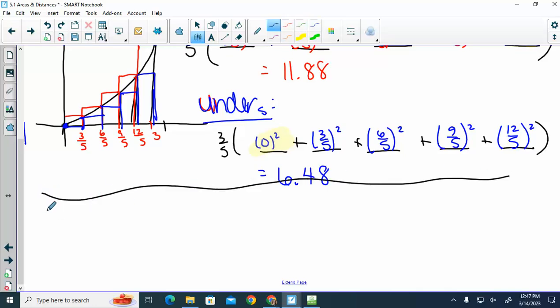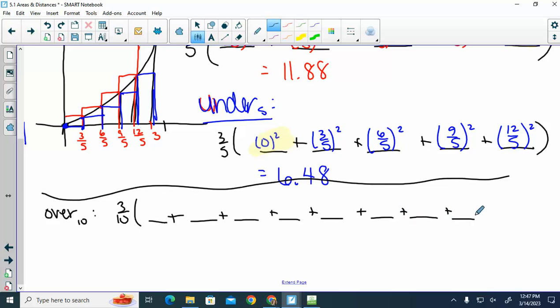So let's talk about the overestimate with 10. What would my width be on this? Okay, and then we're going to be adding 10 things together. All right. So for my overestimate, we would start not at 0, but at our first point, right?